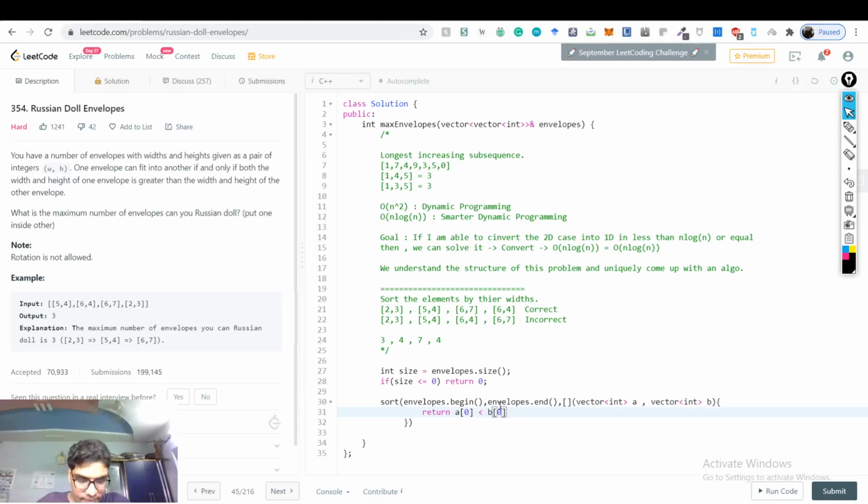Or, what if the widths are the same? If the widths are equal, you would want to return the opposite, sorting them by height in descending order. So this is the way you sort them.